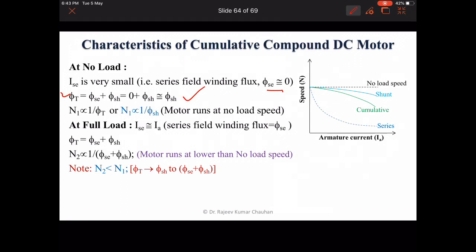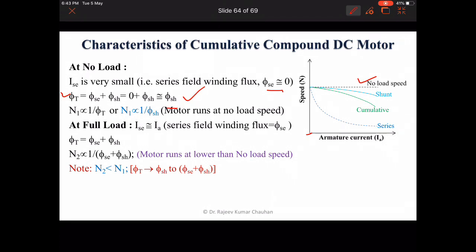N1 is proportional to 1 upon phi sh. The motor runs at no load speed, because when we apply the supply, some flux phi sh is produced in the shunt field winding, and the motor achieves some speed with respect to phi sh. Therefore, the speed and armature current curve does not start from the origin, it starts from some rated value. We call it the no load speed.